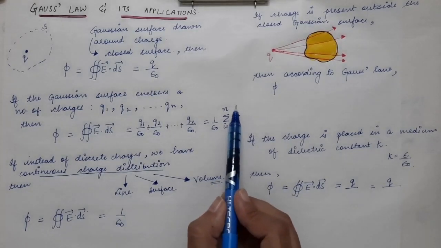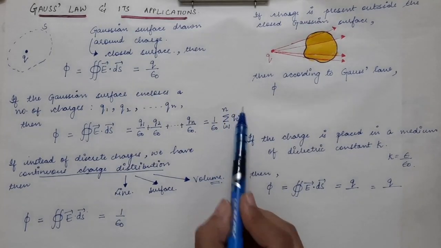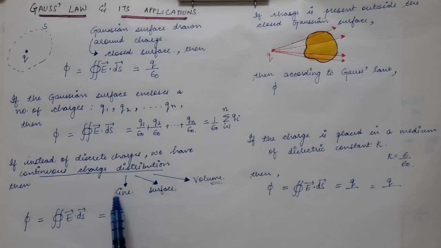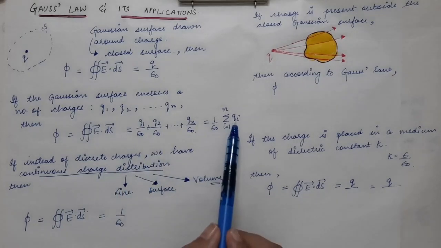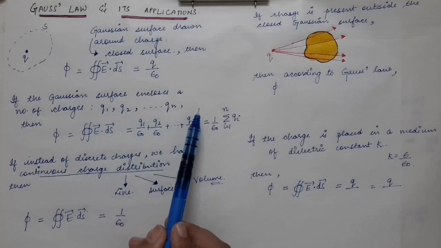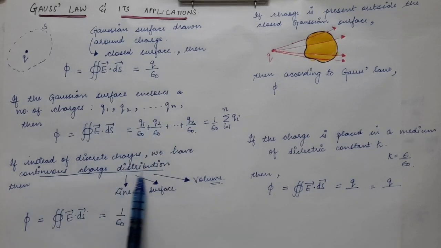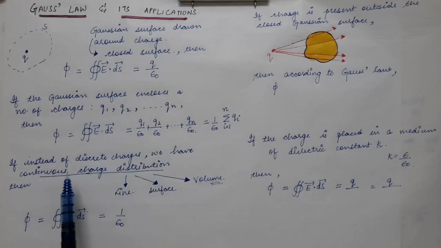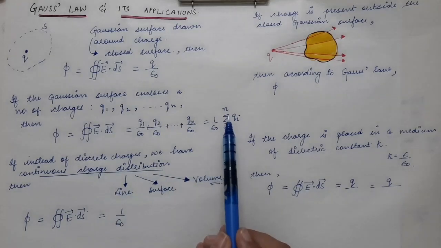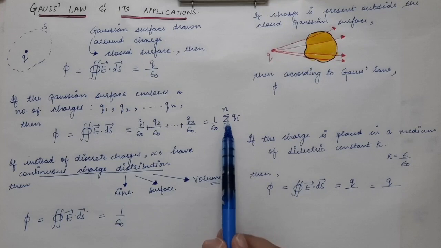But in a continuous charge distribution, we cannot simply sum the charges. Here we had discrete charges, so we could simply do the summation q1 plus q2, q3 and so on. But here we cannot just sum the individual charges. So what we do is change this summation into an integral.